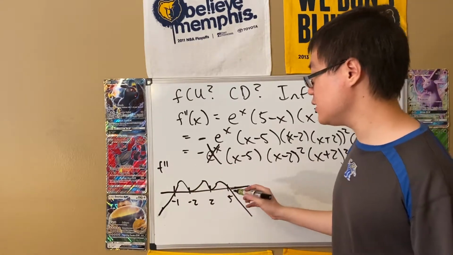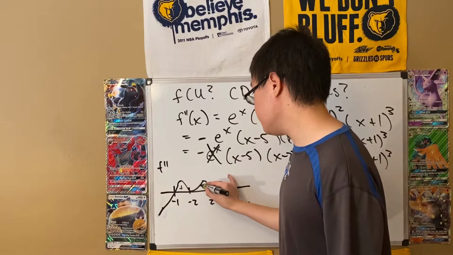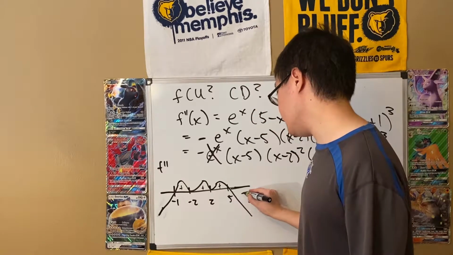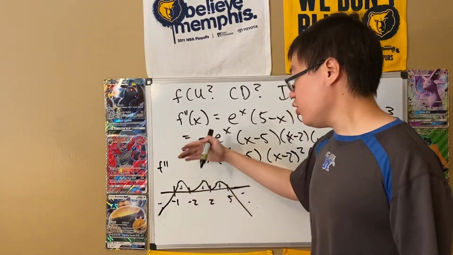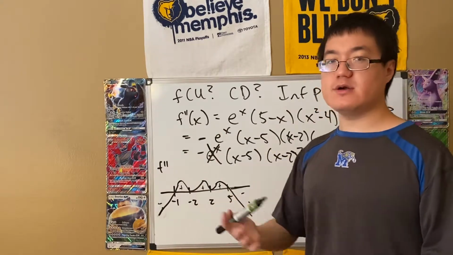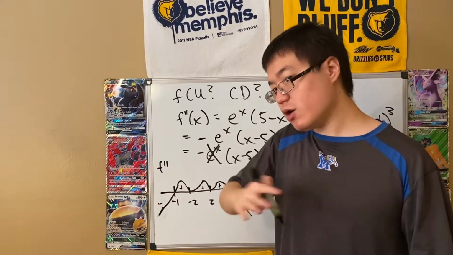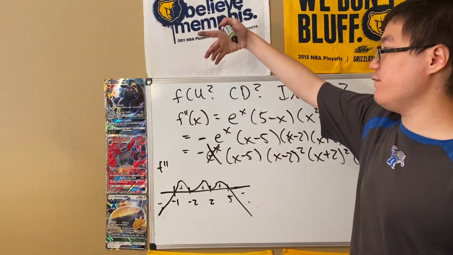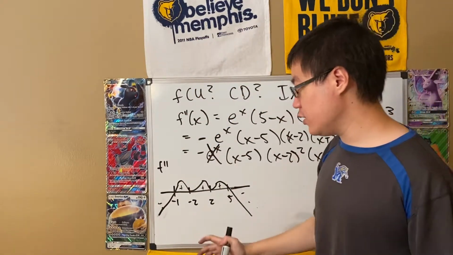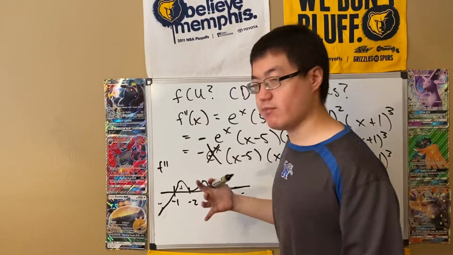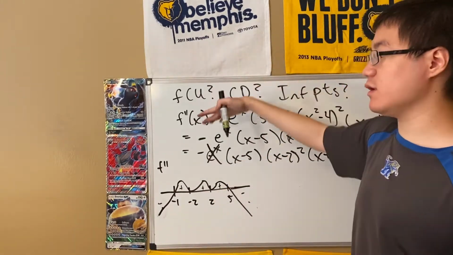I don't want to focus on it. I want to focus that this is positive, positive, positive, negative, negative. Looking at this graph and trying to determine whether it's a hill or a valley would tell you about the concavity of f double prime, but we don't care about that guy. We care whether f is concave up or down. We want to know whether f double prime being positive or negative determines f being concave up.